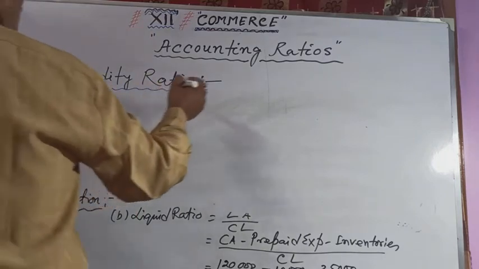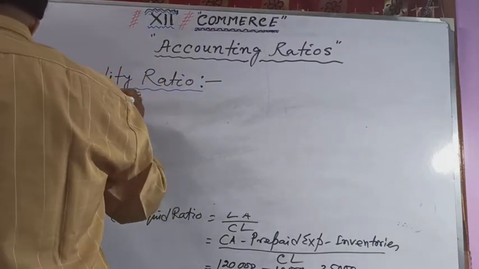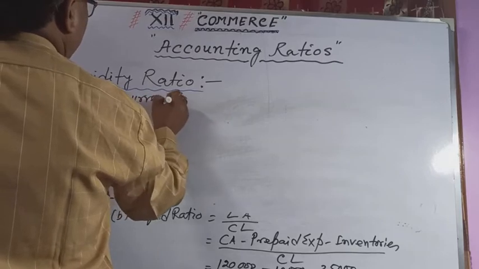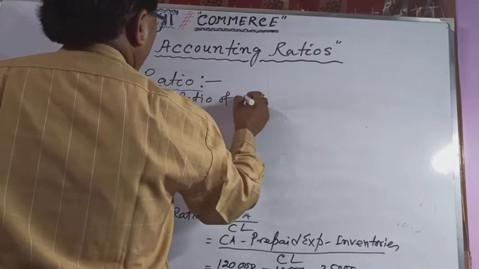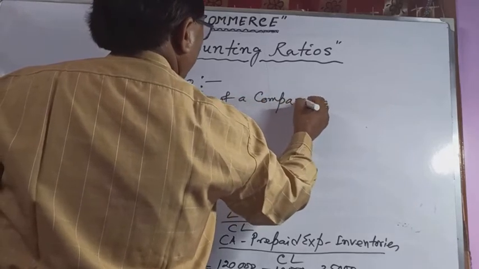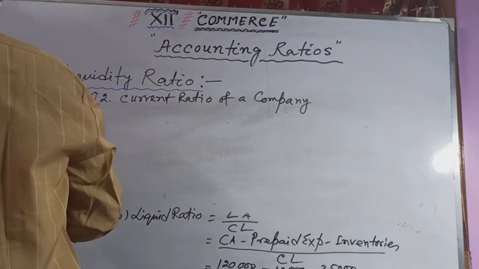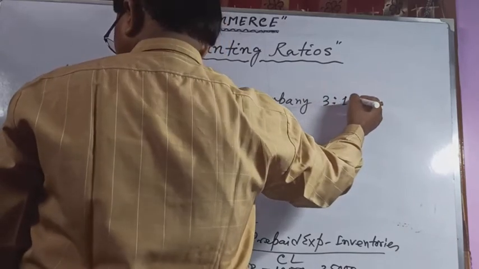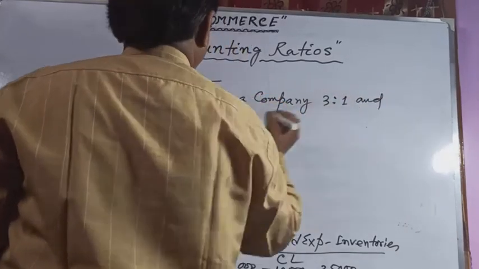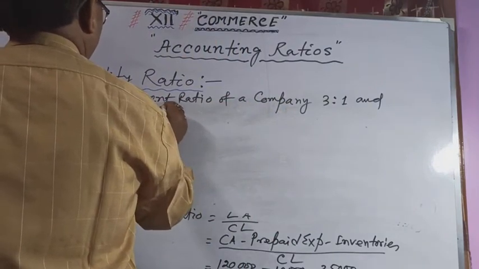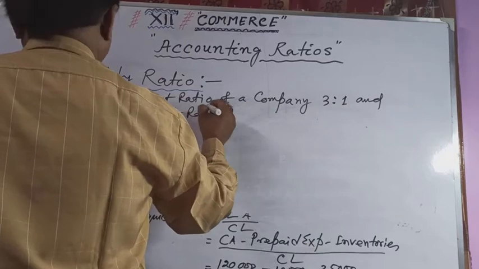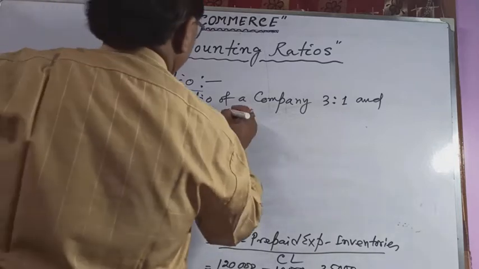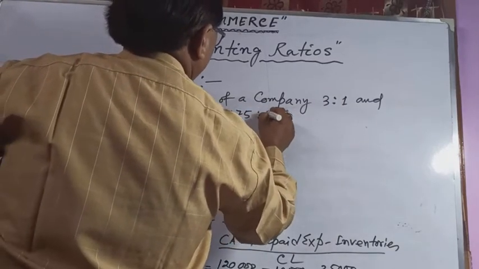Question number 2: the current ratio of a company is 3:1 and acid test ratio is 1.75:1.